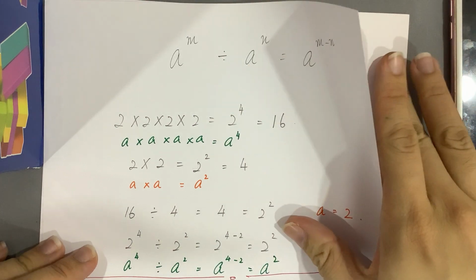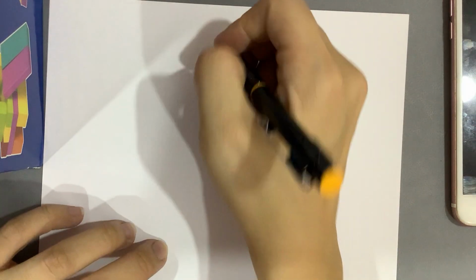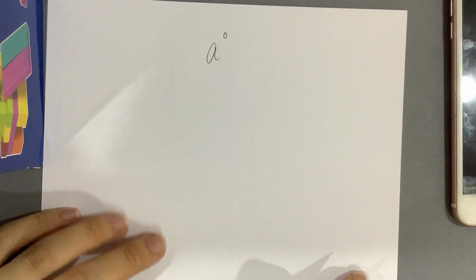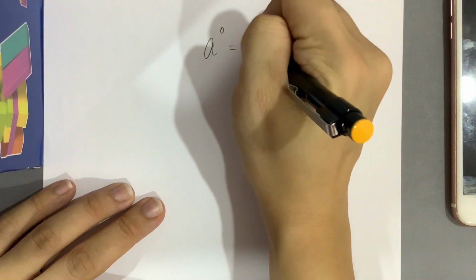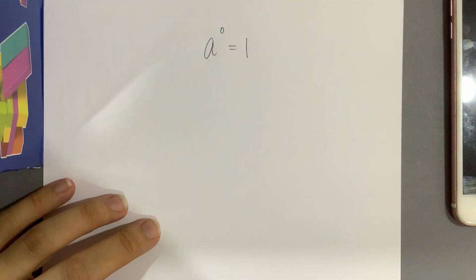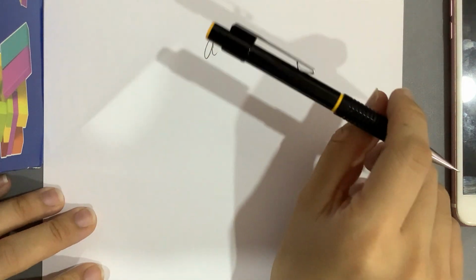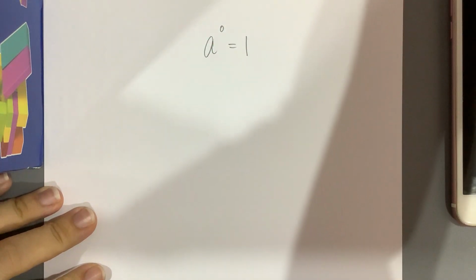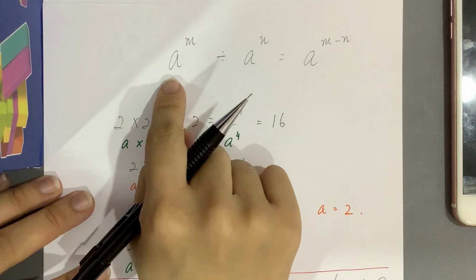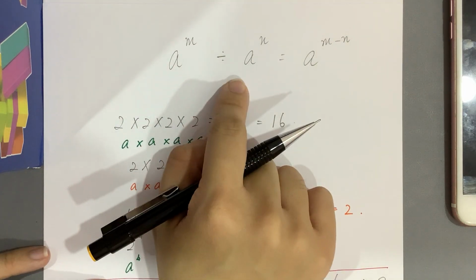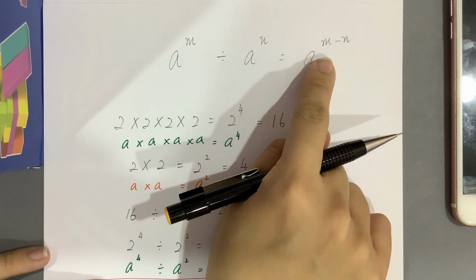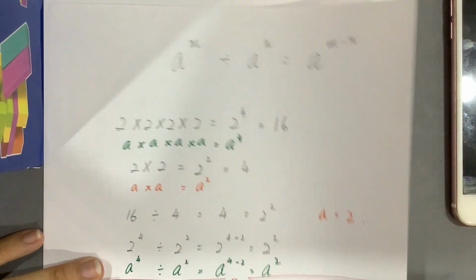Next thing that I would like to touch on is a to the power of 0. A to the power of 0 equals 1. Why is it equal to 1? Just now you learned that a to the power m divided by a to the power n equals a to the power m minus n.